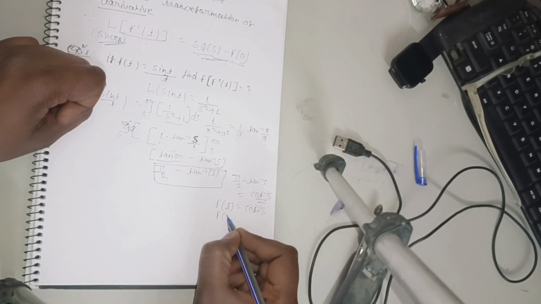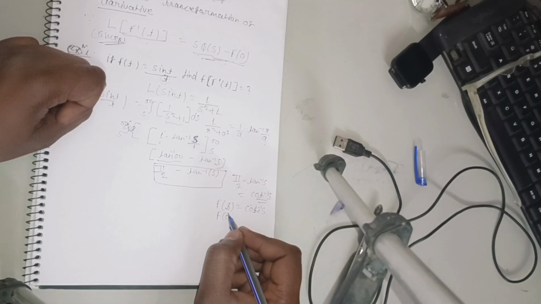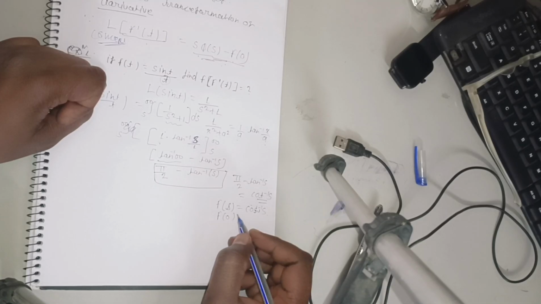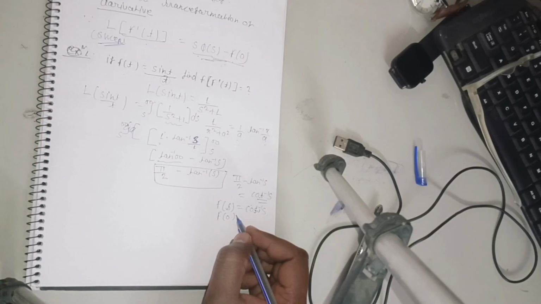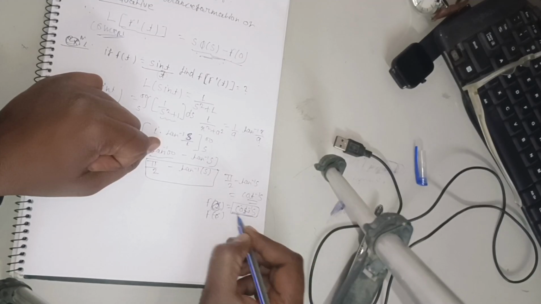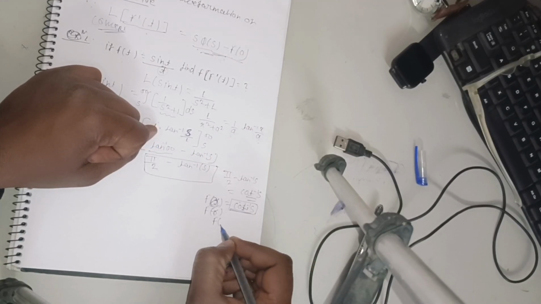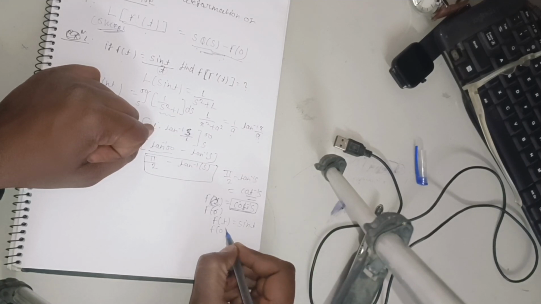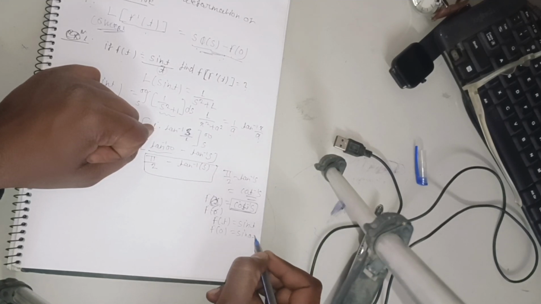So what will f of 0 be? Now we are given that f of t is equal to sin t, so f of 0 will be sin 0, 0, right?